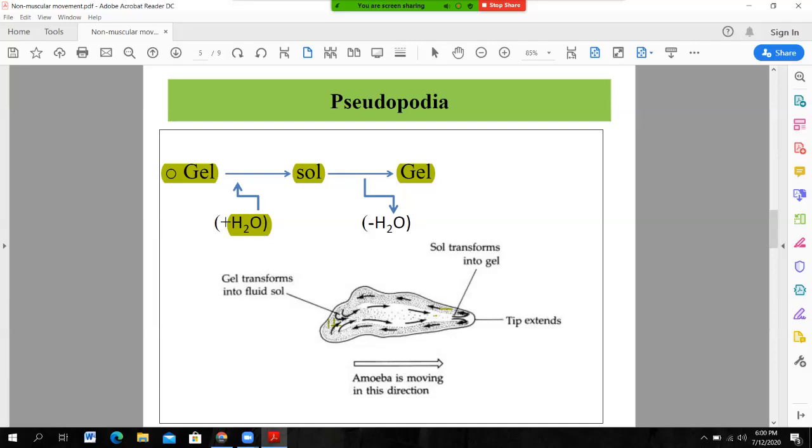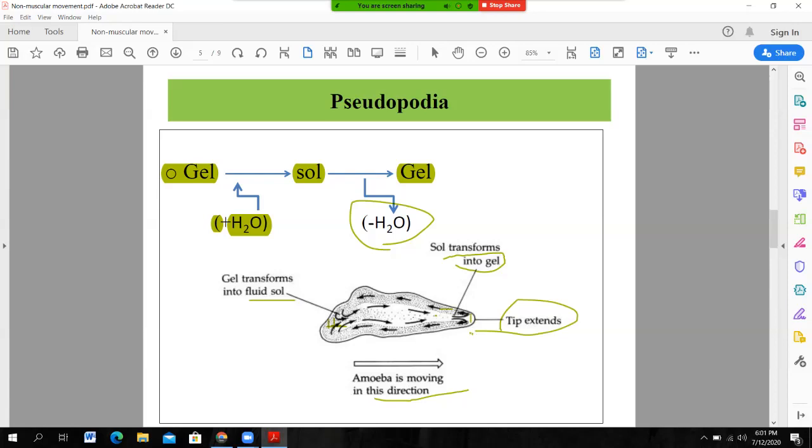So plasma gel is converted into plasma sol when water is added, and plasma sol is converted into plasma gel when water is released. As an amoeba moves in this direction, gel transforms into fluid sol, and then the sol transforms into gel state, there is a little extension of the tip on the side of the pseudopodia. So here a little movement takes place.